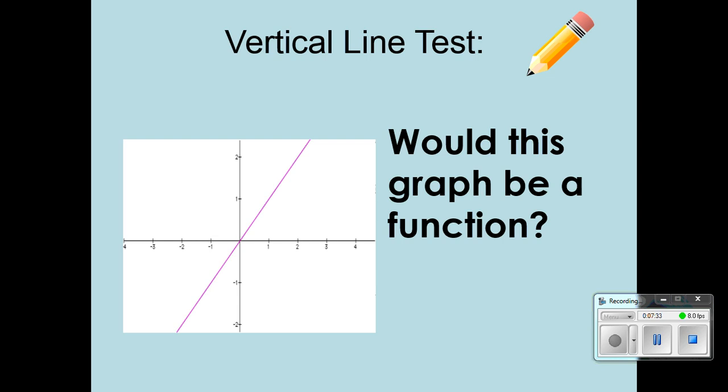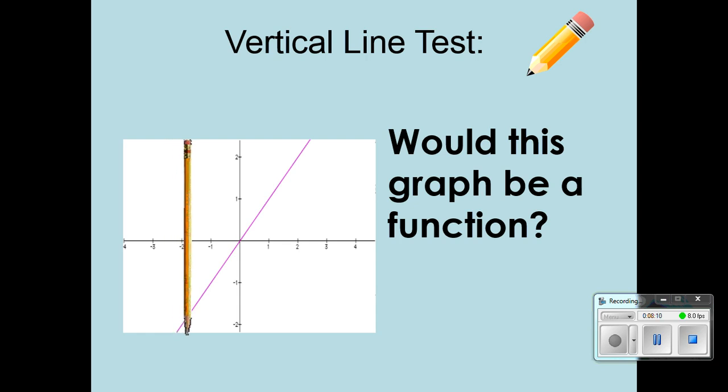So because we don't have a set of ordered pairs and we're looking at a graph, I'm going to use my pencil as a vertical line, just like this, and I'm going to move my pencil from left to right and see if it passes only one point throughout the whole graph at a time. If that's what happens, I have a function. If my pencil touches the graph in 2 places, then it isn't a function.